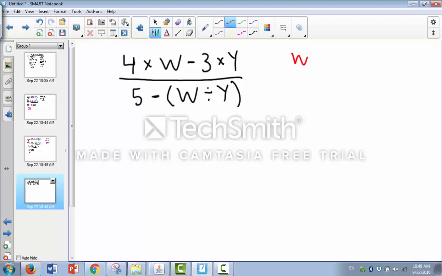Okay, so we're going to make w 3, and we're going to make y 2. So every time we see a w, we're going to rewrite this and put 3. And every time we see a y, we're rewriting and putting 2.